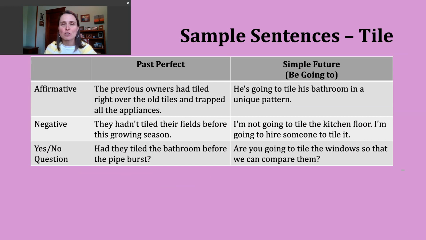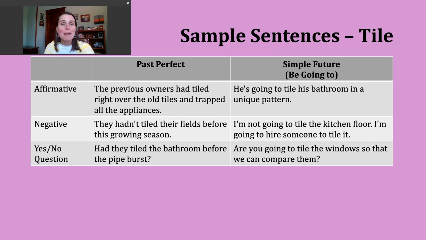We use this verb tense to talk about completed actions. But what makes it different than the simple past tense is we are focusing on the fact that this action was completed before another action or before a certain point in the past.